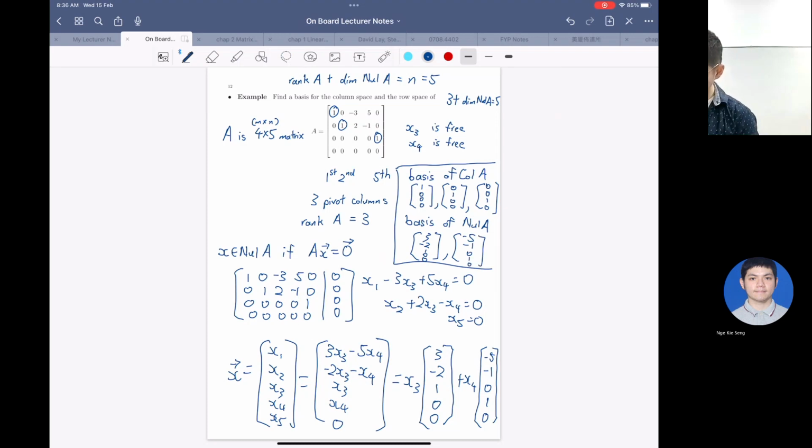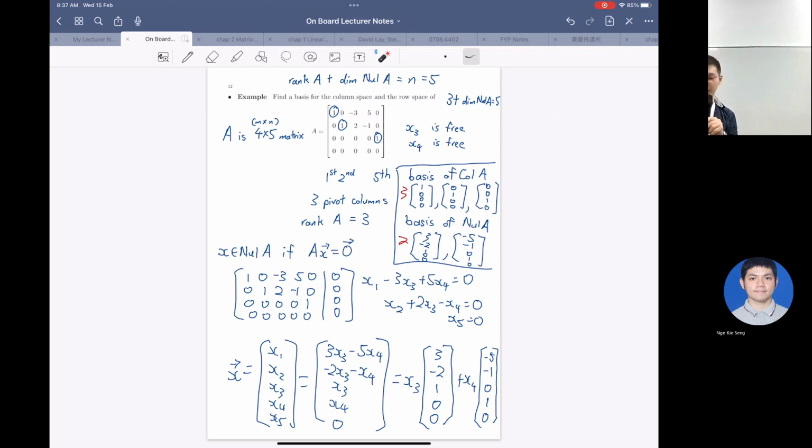Okay. So 3 plus 2 is equal to n, equal to the number of columns. So you will see that the basis of Nul A is always attached with a free variable. Okay? This is your observation. It will always attach to a free variable.